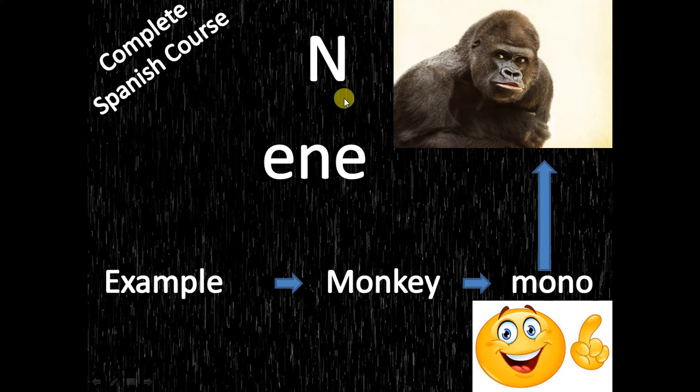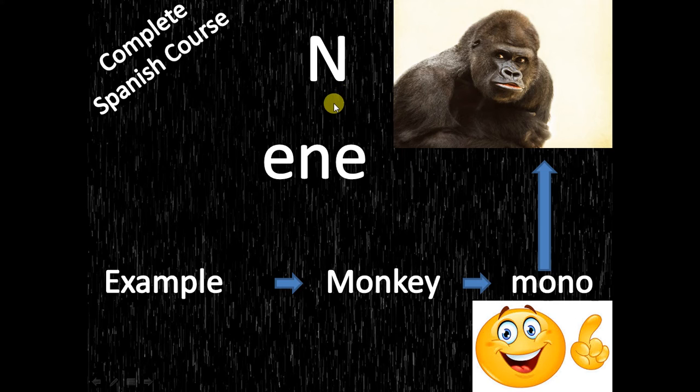This is the sound of the letter. But we do not pronounce the exact sound of a letter when we pronounce a word. So this is a complete word, but this is a letter.